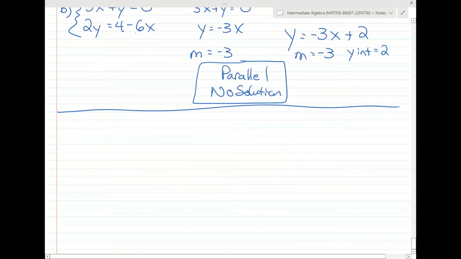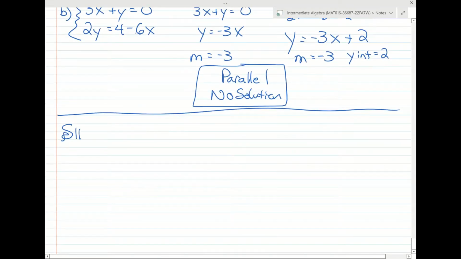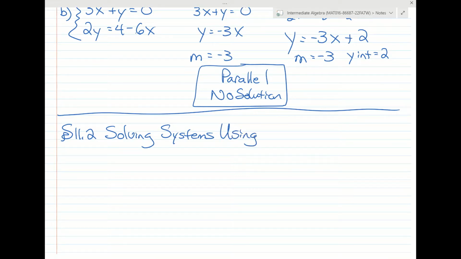This is section 11.2, and it's called solving systems using substitution.